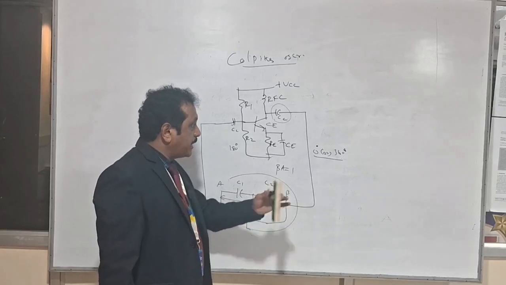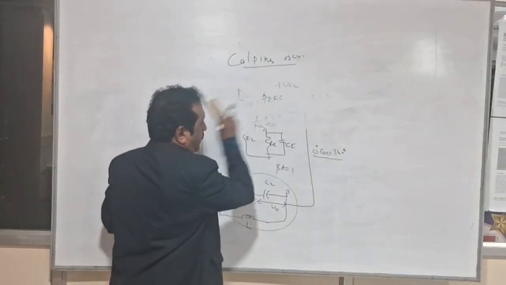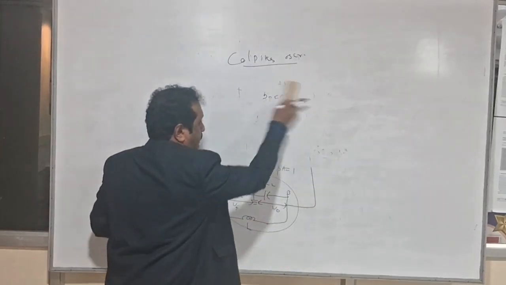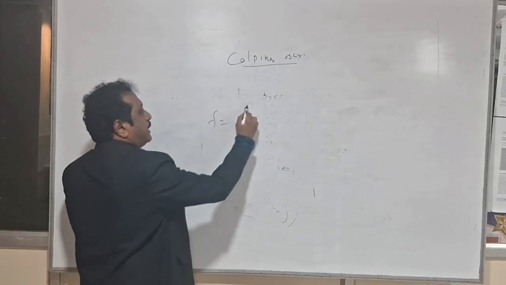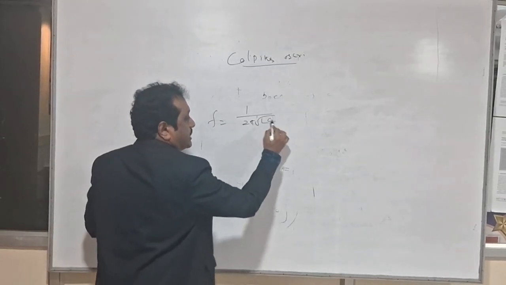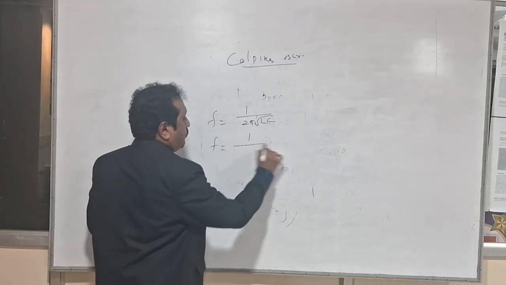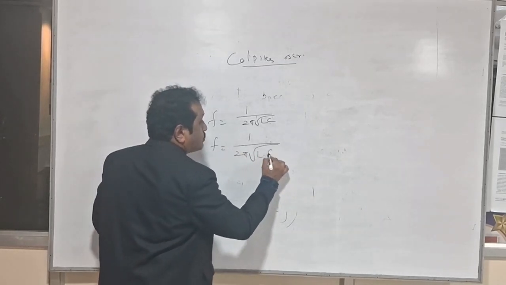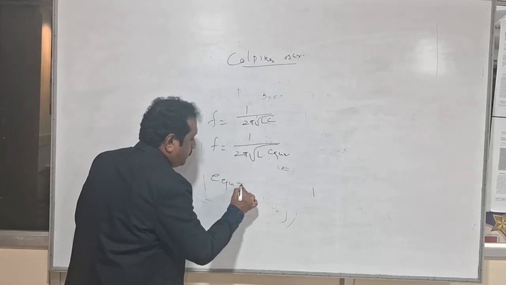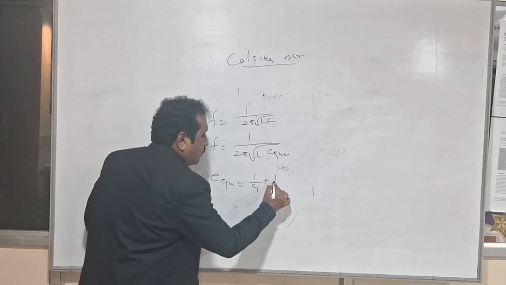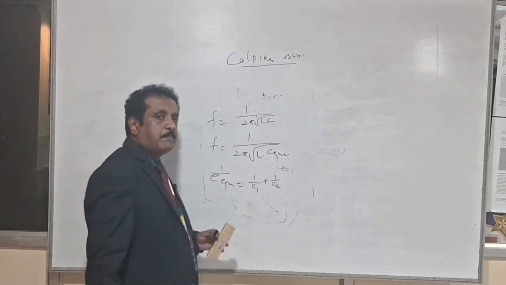So now the frequency of oscillation of this oscillator is here. We know the frequency of oscillation of the tank circuit, that is also similar to Hartley, that f is equal to 1 by 2 pi root LC. Since we are using two capacitors in series, the frequency of oscillation is equal to 1 by 2 pi root L into C equivalent, where 1 by C equivalent is equal to 1 by C1 plus 1 by C2.